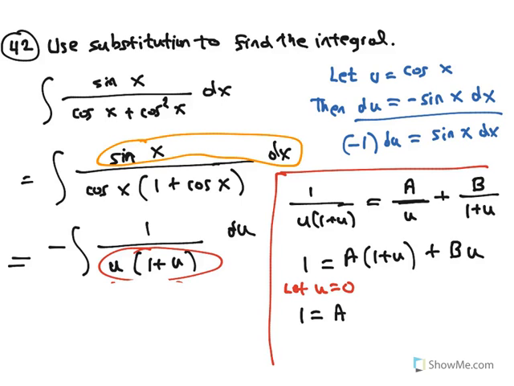That's it. So we know a is 1. And if we let u be equal to negative 1, then we will have 1 is equal to negative b, which means b is equal to negative 1. So we are now able to replace a and b in the form of the partial fraction decomposition with 1 and -1.